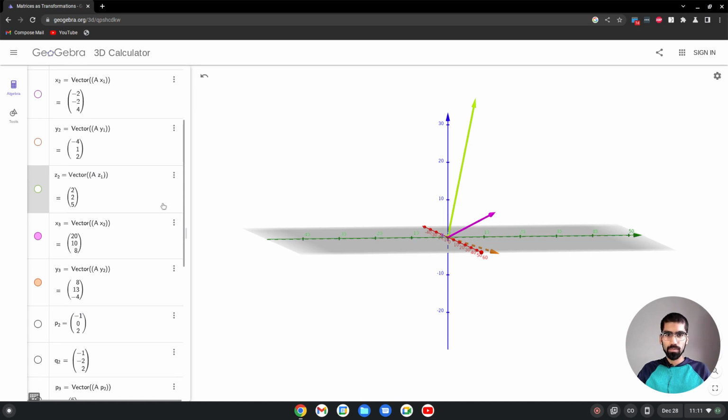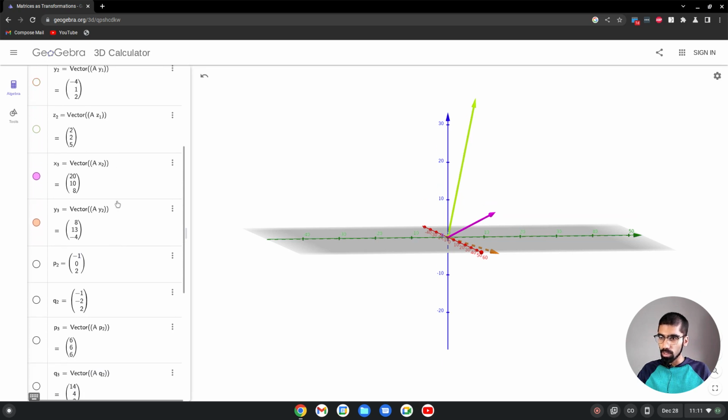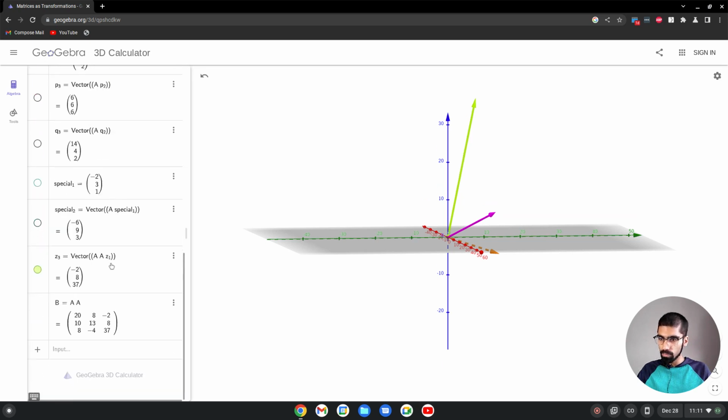So I can let Z3 be equal to B times Z1 instead of A times Z1, just because B is equal to A times A. And this doesn't change anything, because A times A, matrix multiplication, just gives me a new matrix.